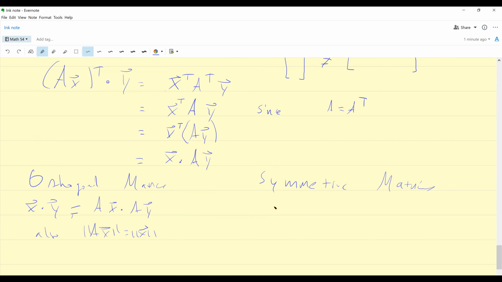On the other hand, symmetric matrices are a bit more abstract. What this is saying is that it plays nicely in the sense that we can interchange which vector we're multiplying by A when we're taking this dot product.